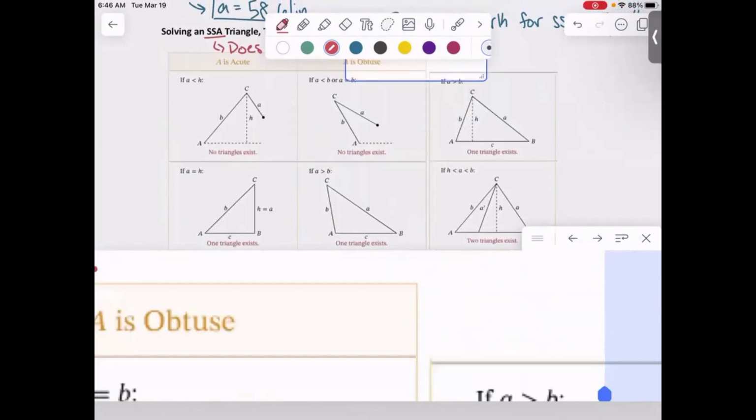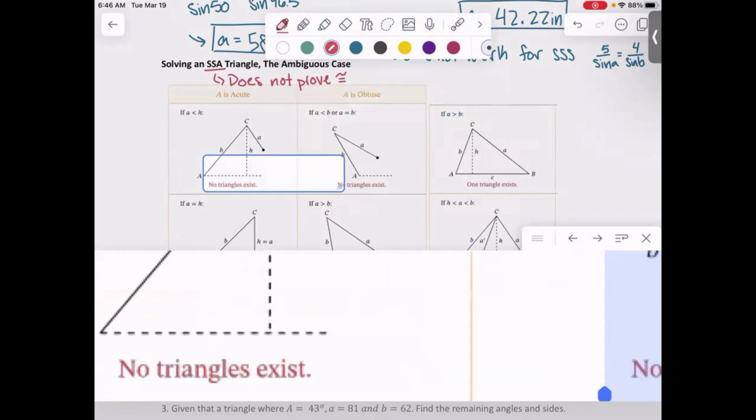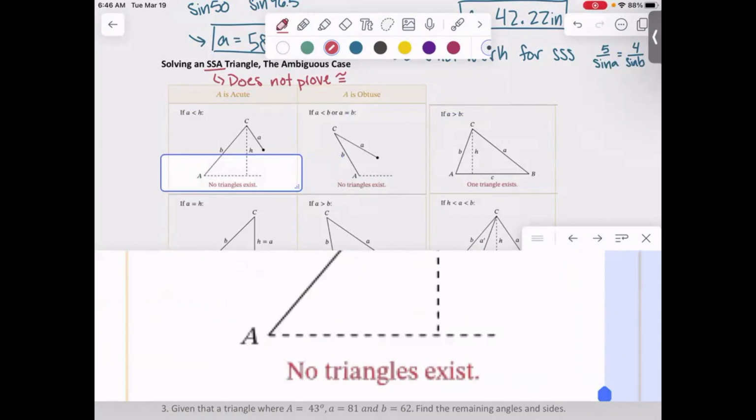So the side side angle it's giving us here is giving me side A, side B, and angle A. That makes more sense.